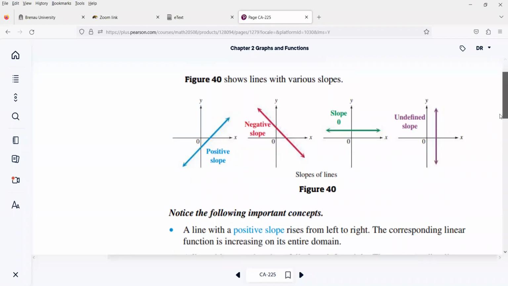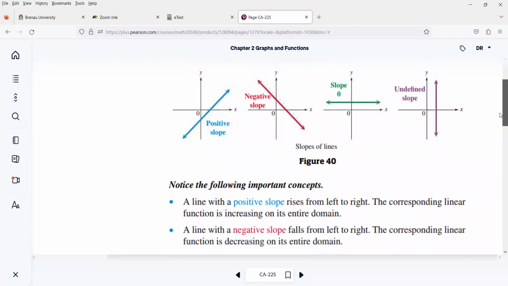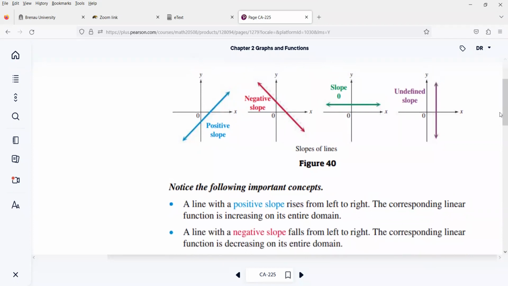A line with positive slope rises from left to right, because the rise and the run are both positive or both negative. So they both increase or they both decrease. A line with negative slope falls from left to right. So the rise and the run have opposite signs. When one increases, the other one decreases, and the line is going to be falling.